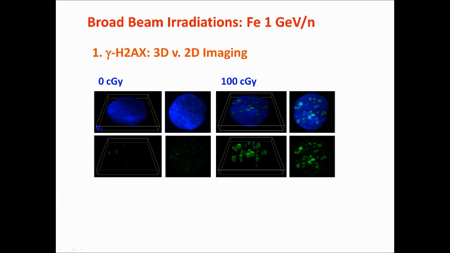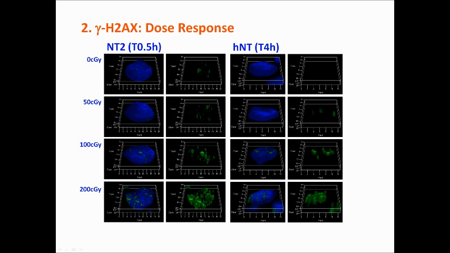This is beautiful, no tracks, very happy. At 100 centigray, you get the tracks of the foci, but if you reconstruct, you can see the density of the events. You can make a lot of measurements, and Guy can tell you a lot about this. But you can quantify. If you have the parameter set, you have your baseline and your background set, you can do a lot of quantitative analysis of this, and this is the beauty of it.